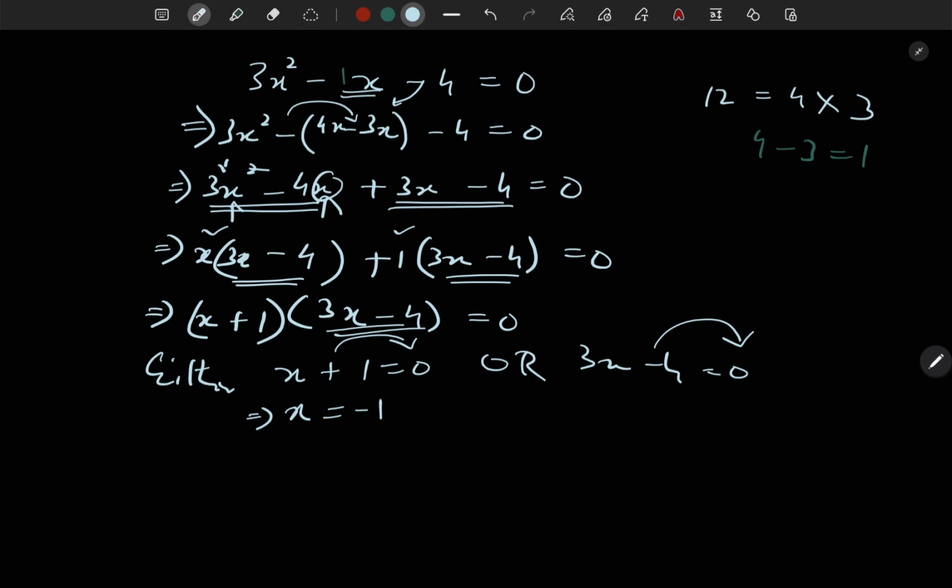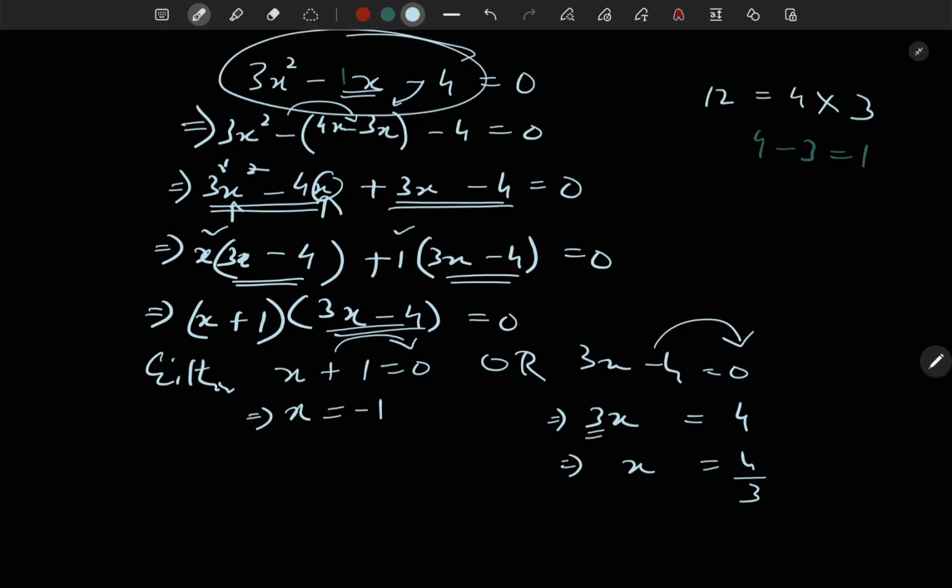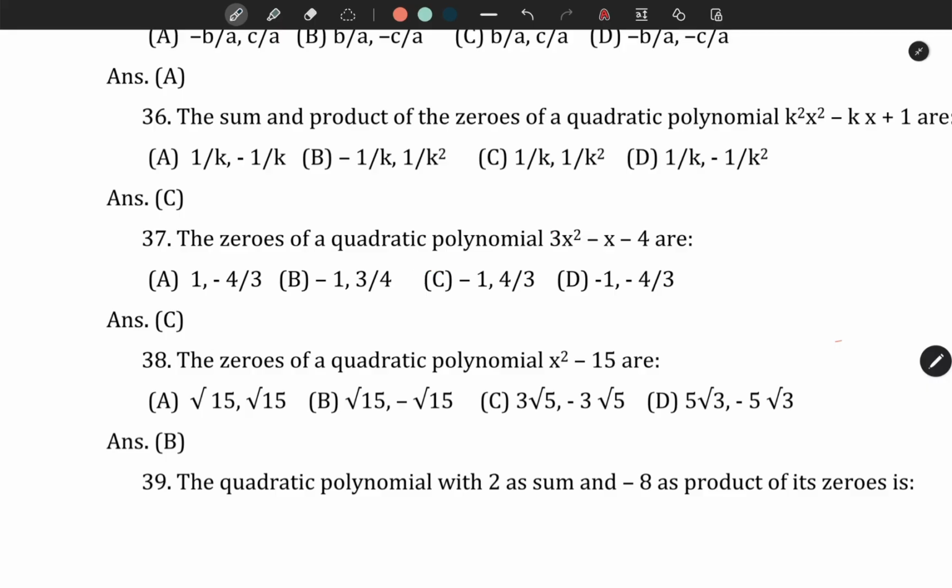And from here, if you take minus 4 to the other side, 3x minus 4 will become plus 4 to the other side, or x will be, this 3 will go to the denominator, x will be 4 divided by 3. So the zeros of this polynomial are minus 1 and 4 by 3. So the correct option is this, minus 1 and 4 by 3.